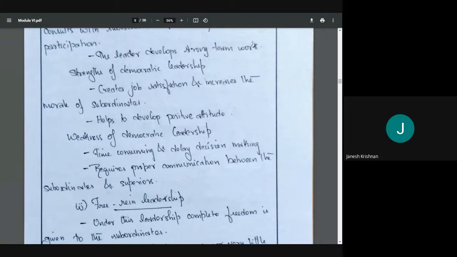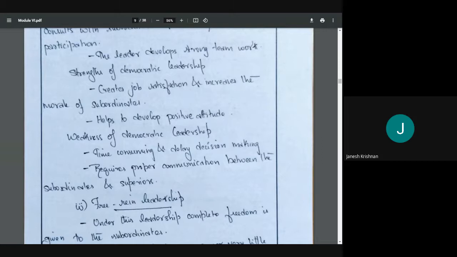And then the second thing, it requires proper communication between subordinates and superiors. Again, the leader should hear the opinion of the subordinates, right? And the subordinates should also hear what the leader has to say. Okay? 500 pens have to be made, and why? So the leader will explain, okay, this is the case.